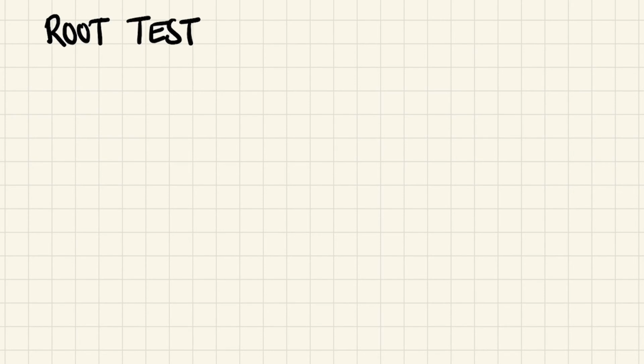So whereas the ratio test extracts that mysterious r value from a series by comparing a_{n+1} over a_n, what a root test does is it grabs that r value by taking the nth root of the nth term.